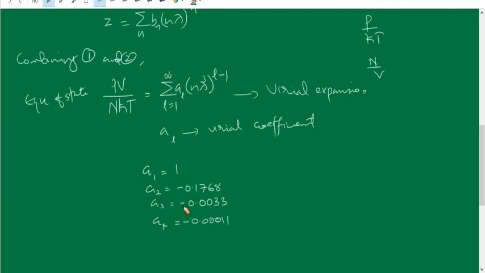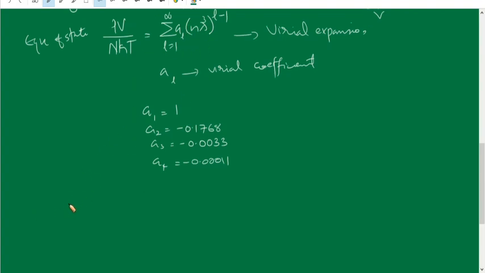The magnitude of the coefficient decreases with the order. So this is the expression of PV by NKT. We can use these coefficients and find out the value of PV by NKT. So we get PV equal to this term into NKT.